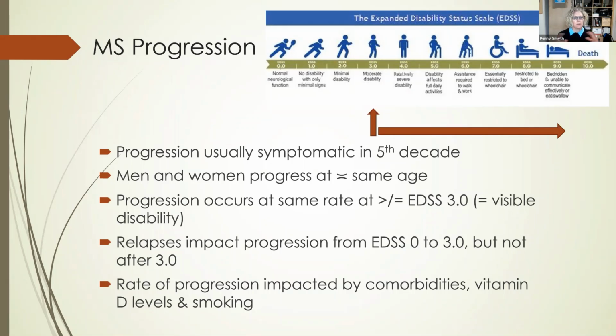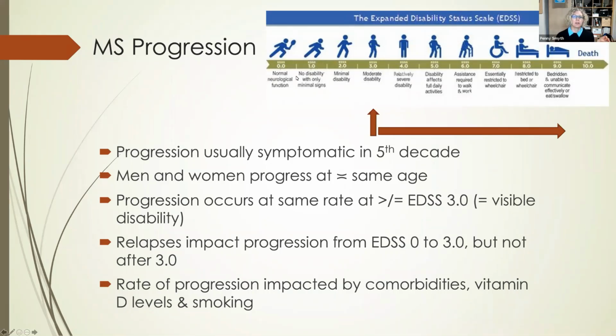And even though women are diagnosed with MS earlier than men, they tend to progress at around the same age. So what is it in that 5th decade that tips them over the edge and then they start progressing? When they also get to this magic number of an EDSS of 3, a moderate disability where they have visible disability when you look at them, maybe some troubles with their walking, then they tend to progress at the same rate, no matter what type of MS they had or how many relapses they had before they got to the EDSS-3.